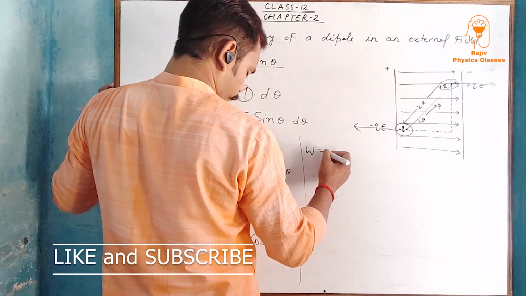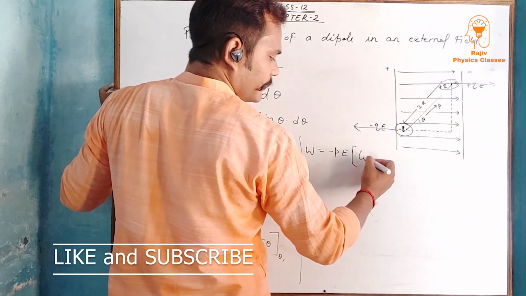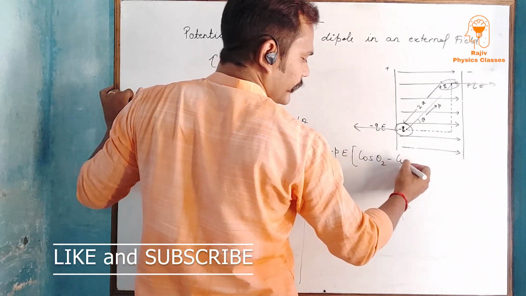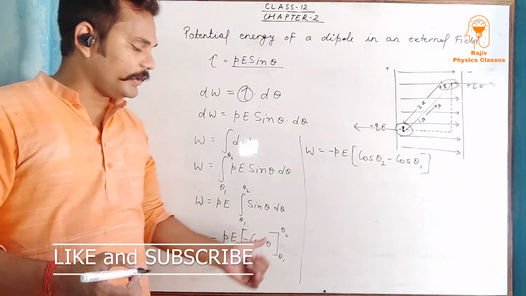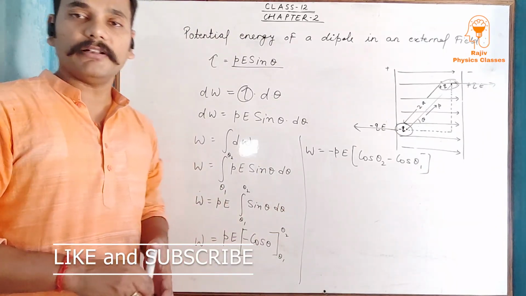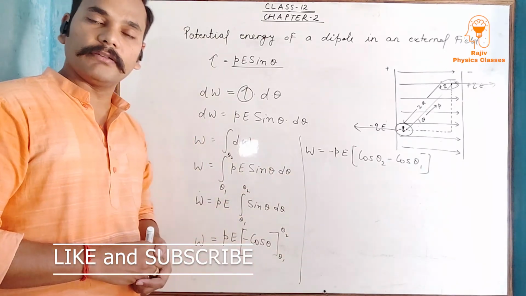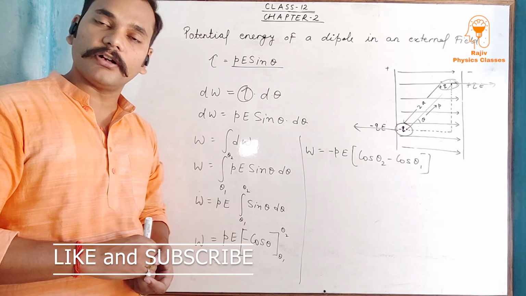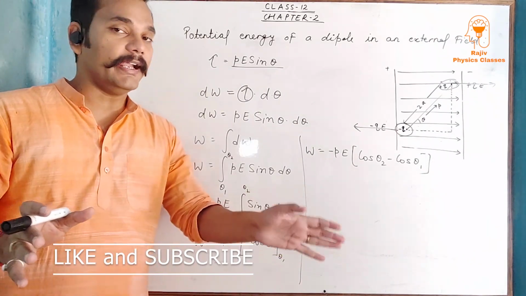W equals PE, if I take the minus sign outside, then tell me, will it be cos theta 2 minus cos theta 1? With the upper limit theta 2, it will be cos theta 2, minus the lower limit theta 1, cos theta 1. The expression of the work done we got here is W equals minus PE (cos theta 2 minus cos theta 1). Now the derivation is at its end.